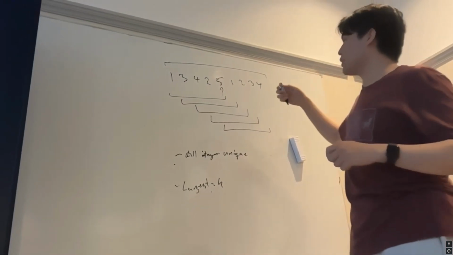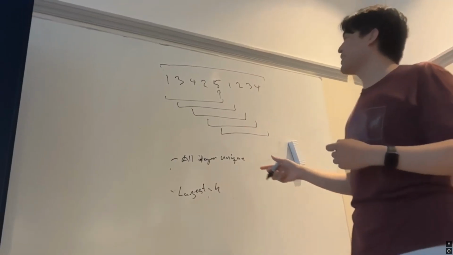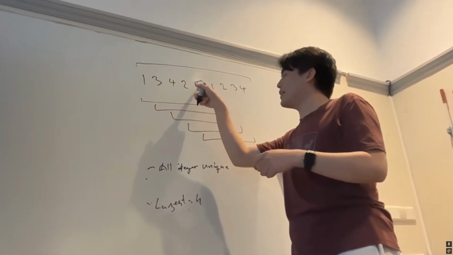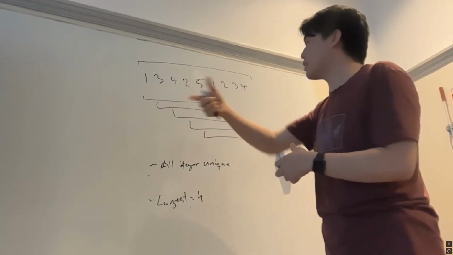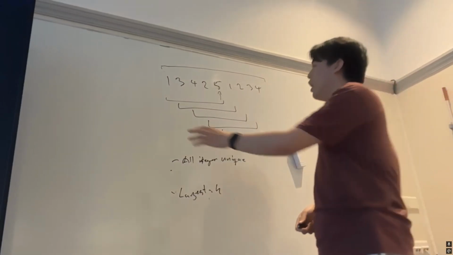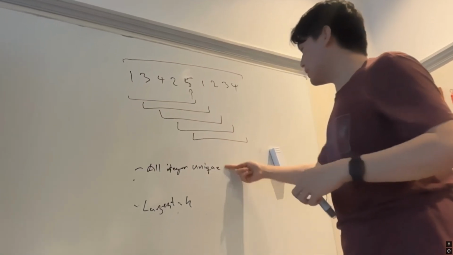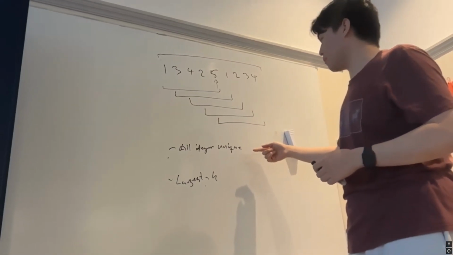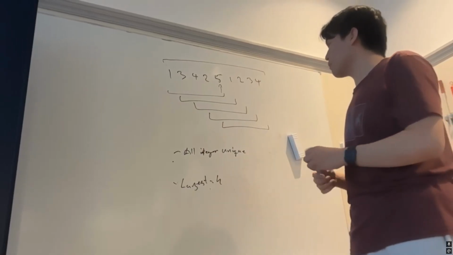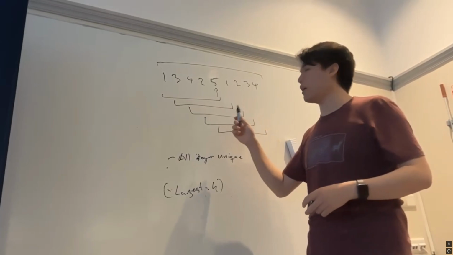Now, for a fixed integer, we just want to find whether there is an interval that covers this index and is a permutation. Out of all these different intervals, we check these two properties. One property is already checked because we are fixing the largest element.